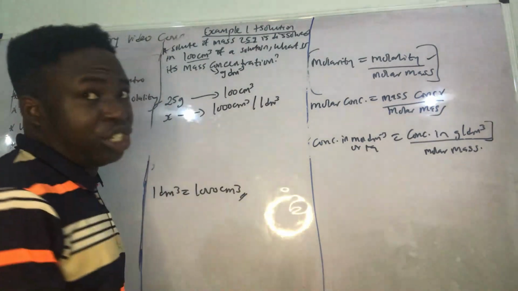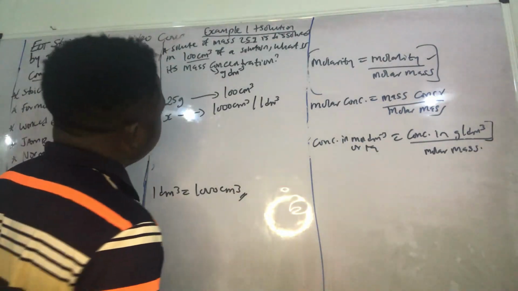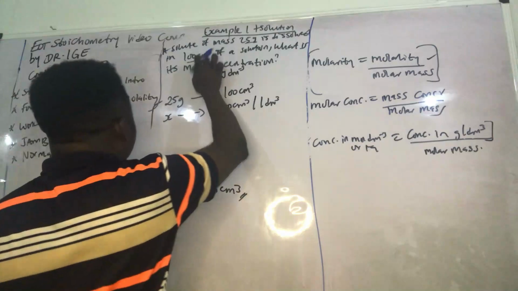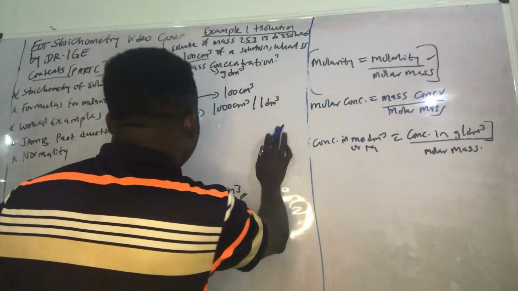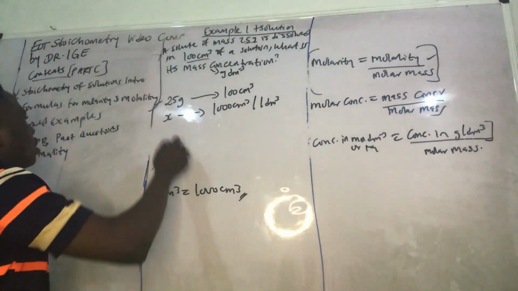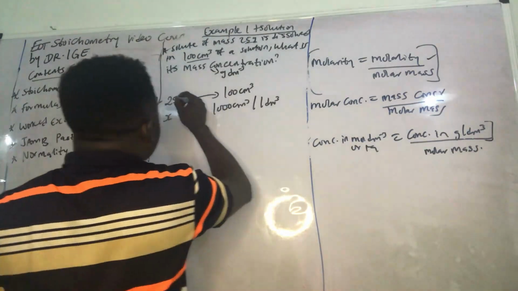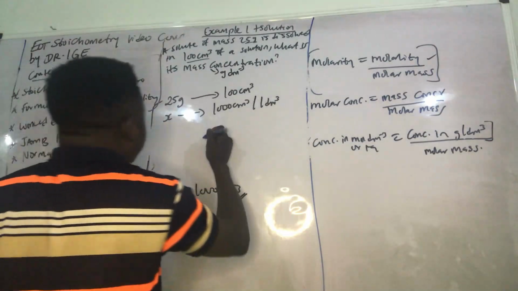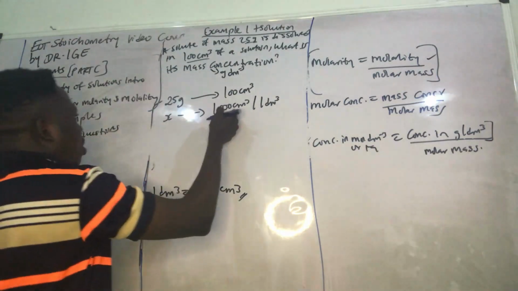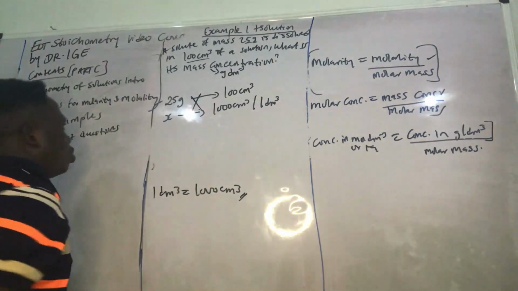This is just a simple comparison that you can do to convert gram per cm3 to gram per dm3. It's very, very easy. Because 25 grams is such a small amount dissolved in this volume, if 25 grams will dissolve in 100 cm3, then x will dissolve in 1000 cm3, because 1000 cm3 is 1 dm3. So you just multiply.